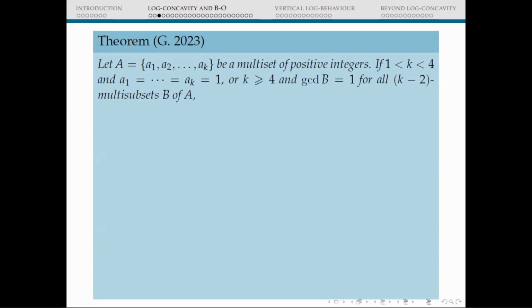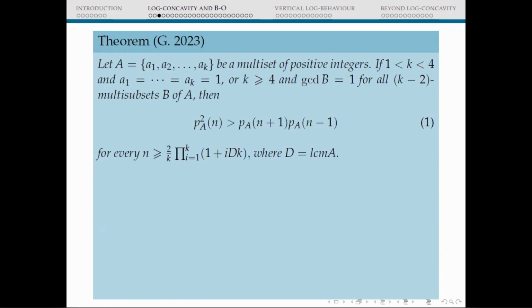Namely, we need to require that every (k minus 2)-element multi-subset B of A is coprime. If that is the case, then we have the log-concavity property for all large values of n. And what is interesting here is that it is the complete description. There is no other A-partition function, when A is a finite multiset, for which this inequality holds. So it's an if and only if, actually, for the finite case.